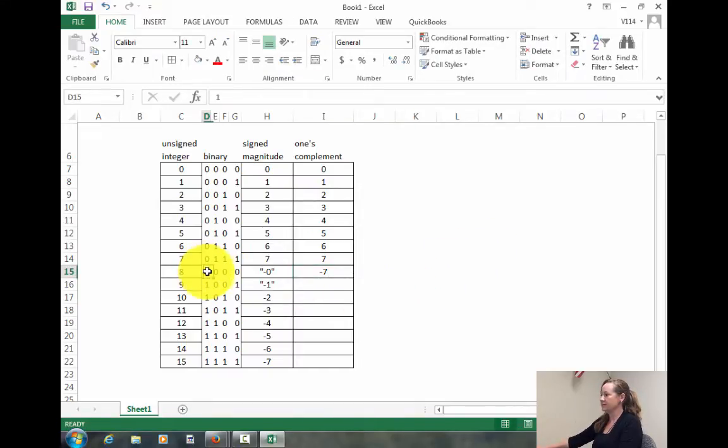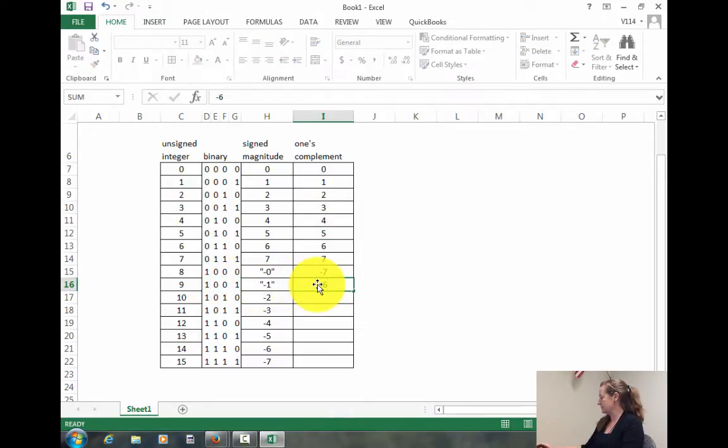This is how we write negative 7 in 1's complement. Which number is that one? If we changed all the zeros to 1's and 1's to zeros, what number? Yeah, that would be negative 6, because it would be 0, 1, 1, 0. So this is how we represent negative 6 in the computer.